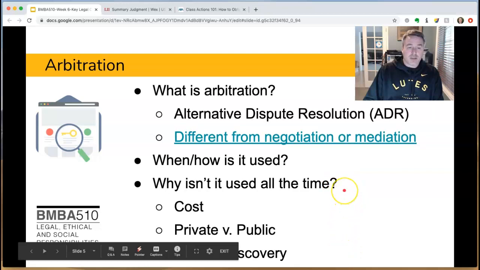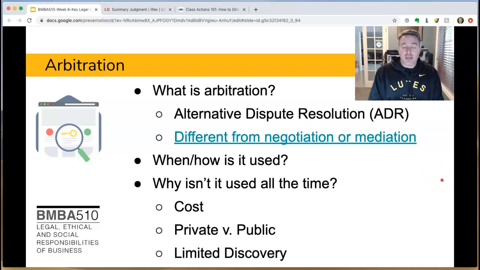It is less expensive. It's usually private, whereas everything that happens in most court cases is a matter of public record. So it's a way for litigants to keep the dispute private. And the discovery rules are more limited, as are the evidentiary rules.